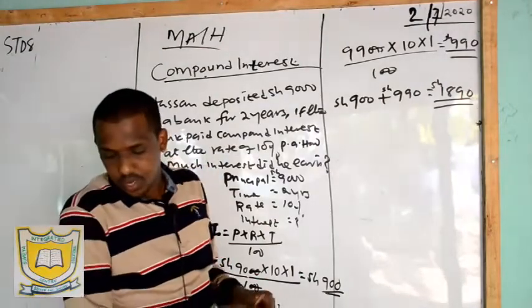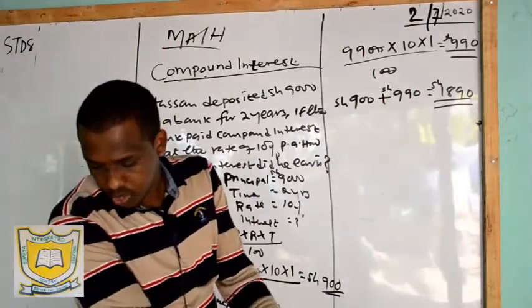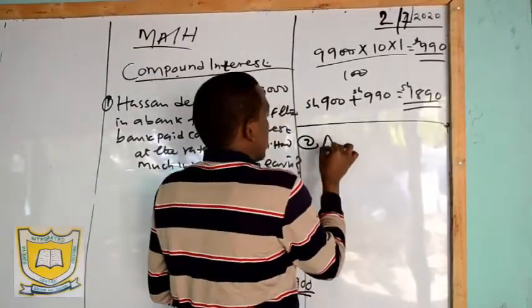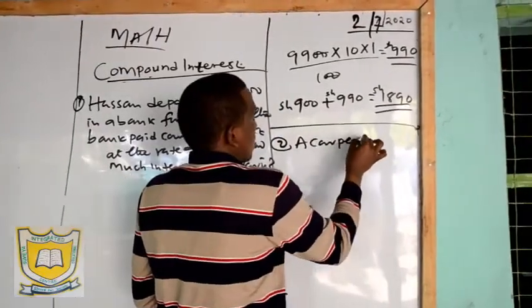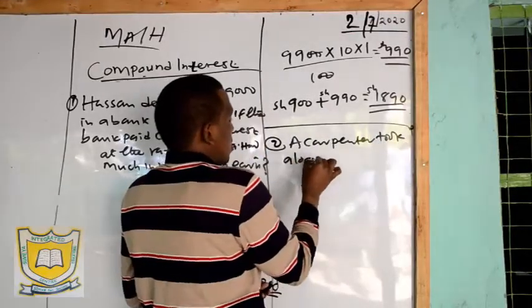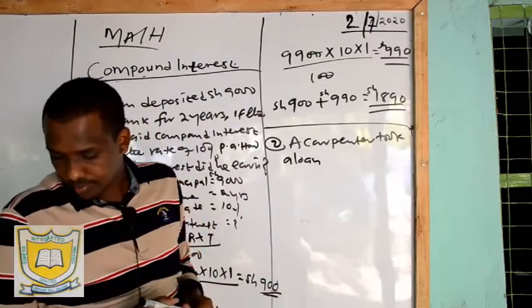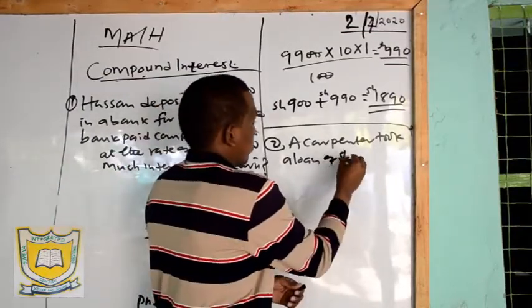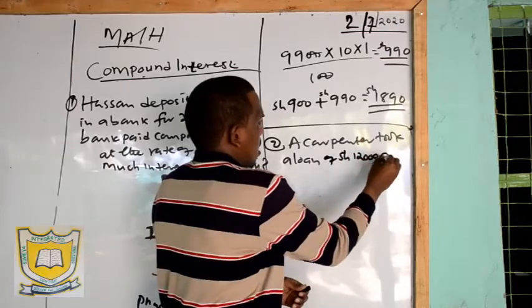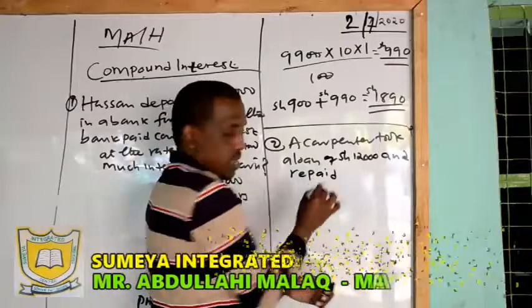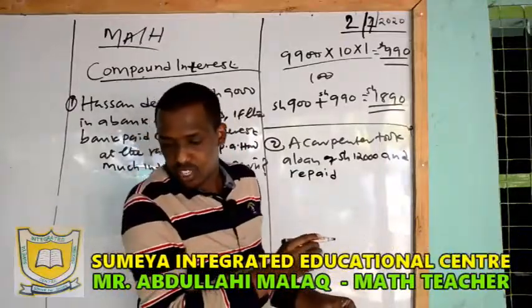Let us see now another question. Question 2. A carpenter took a loan of shillings 12,000 and repaid it after 2 years.